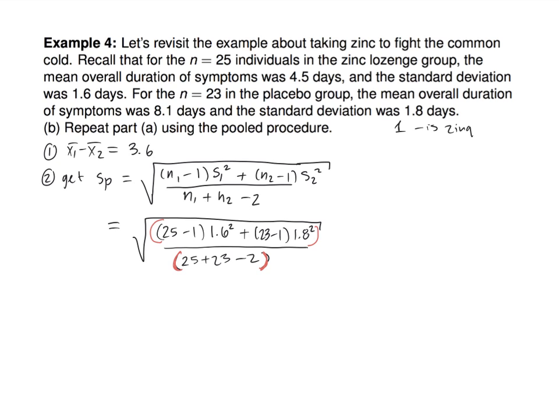Because this is superior. So you should get, before I rounded, I got 1.6986. Which, if you're going to round, let's round to 3 decimal places. It's about 1.699, right?